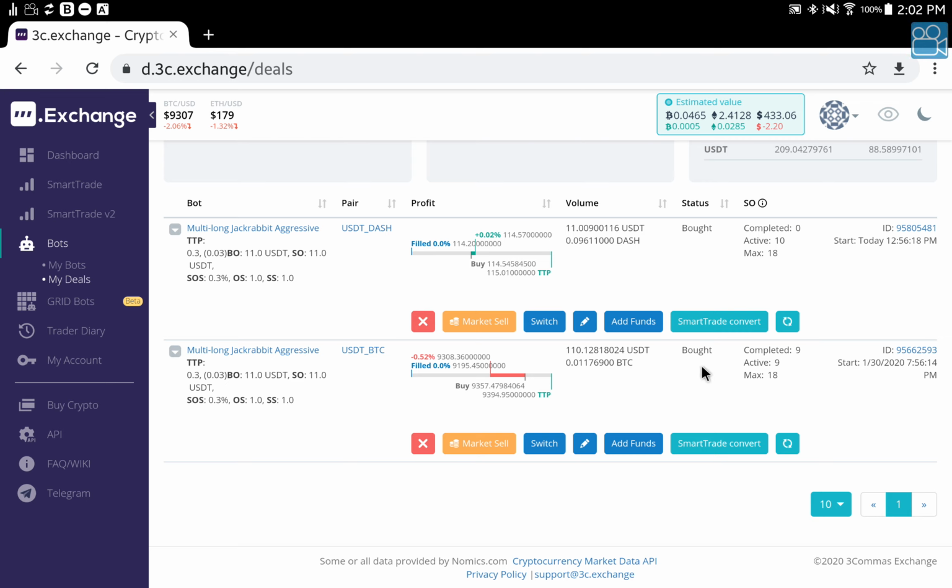So while we wait for this to clear, this up here is still working good. So at least we have the bot partially running with one entry while we're waiting for this one to become more volatile.